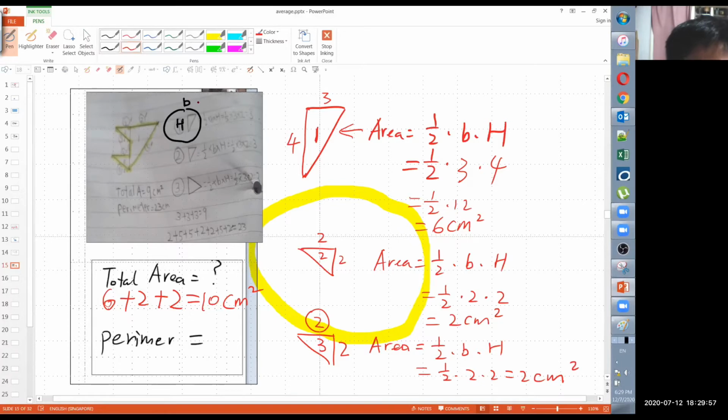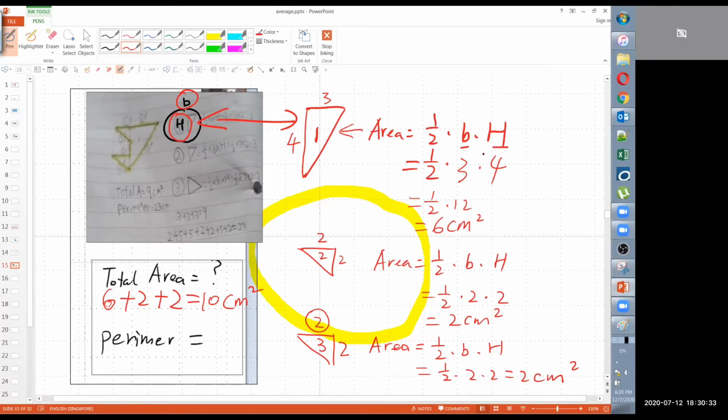So what did I do right and what did you not do right? I put the base and the height numbers on the triangle. You didn't write down the base or the height, so how are you going to solve? You can't, because you need the base and the height to find the area.